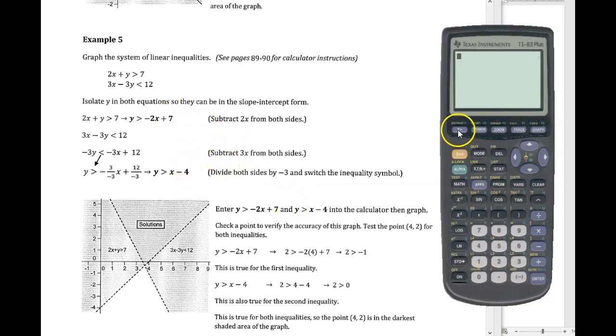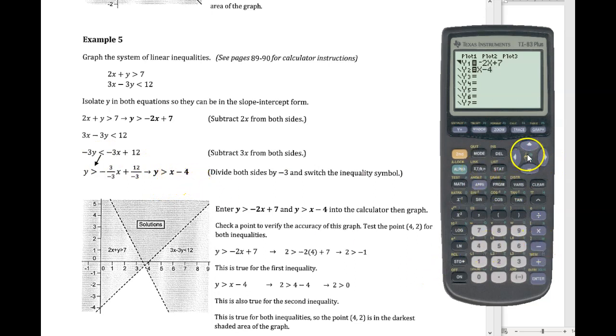So we're going to select y equals. Let's clear both of these inequalities. Let's enter the first one. I'm going to enter negative 2x plus 7. And then I want to shade above because we have y is greater than. So we're going to cursor to the left, press enter until I get the top part shaded. Then I'm going to go to the second inequality. I'm going to input x minus 4.